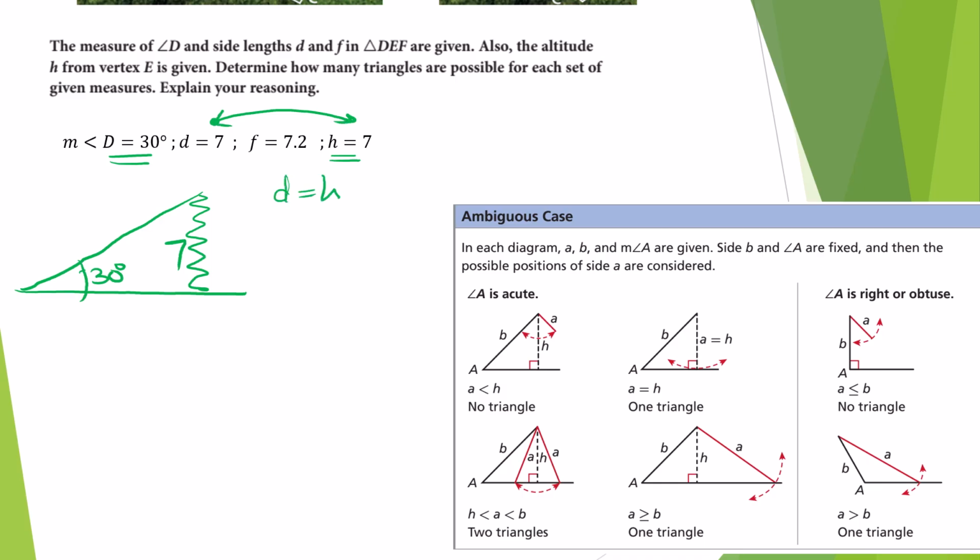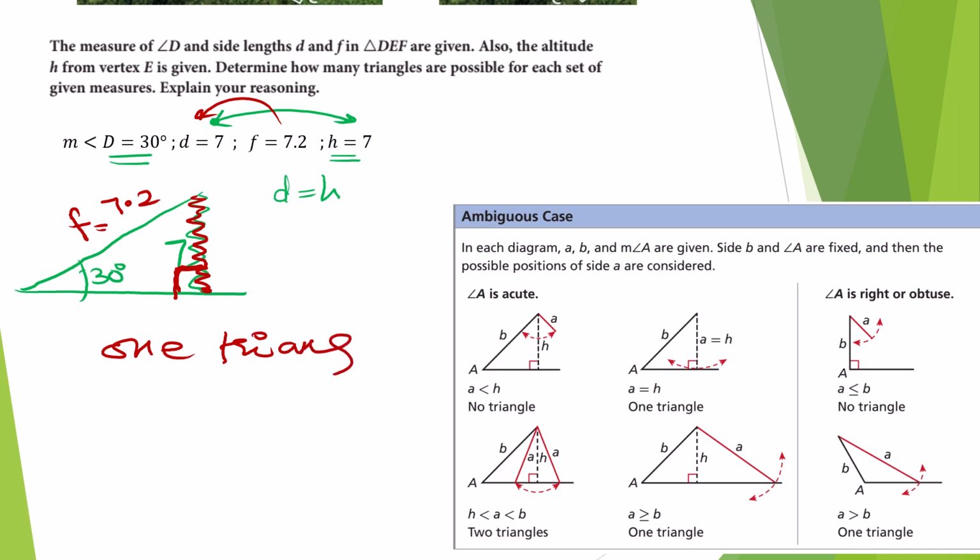Whenever D and height are the same, we are on the safer side that it is the 90-degree angle. So we will have the 90 degrees. But if it is 90 degrees, my F should be bigger than the D. Yes, it is 7.2, so it is big. So I could have one triangle.